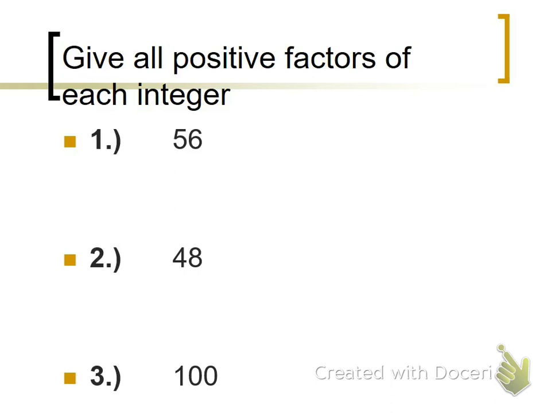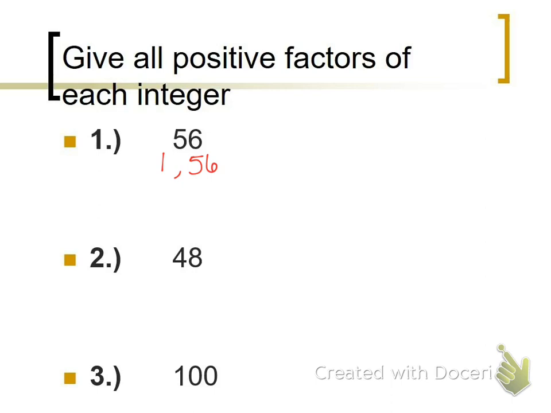My recommendation would be to always start off with the number 1. 1 times what would give you 56? 56. So 1 and 56 are both factors of 56.